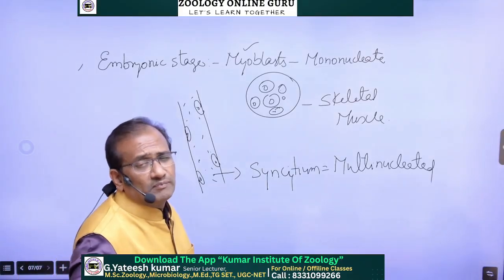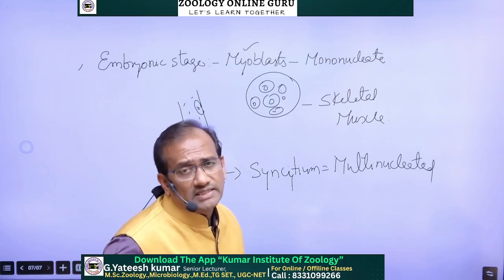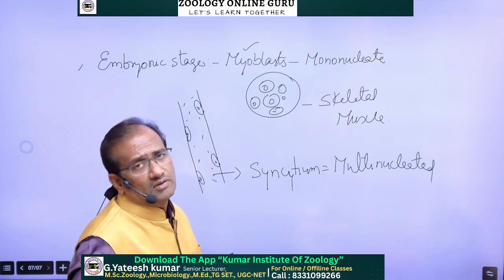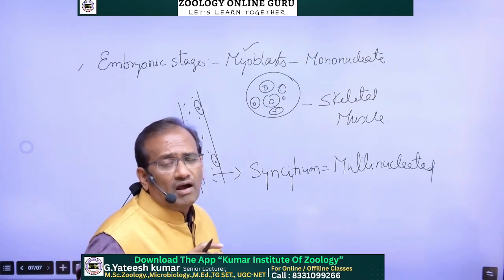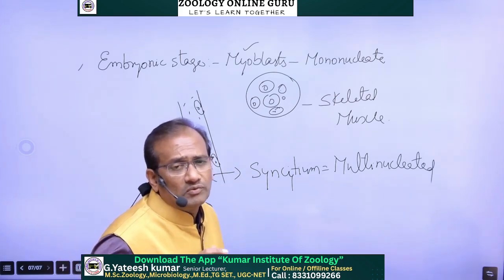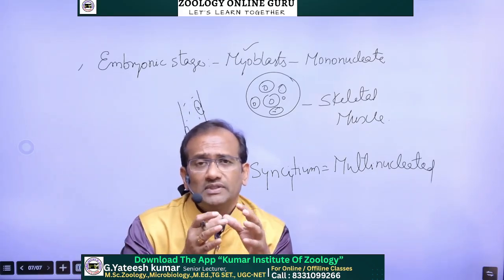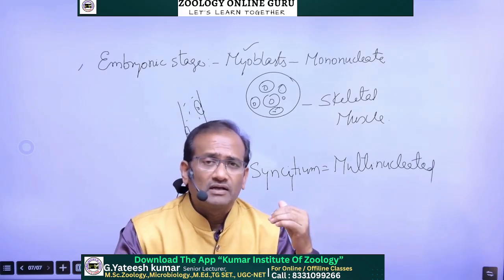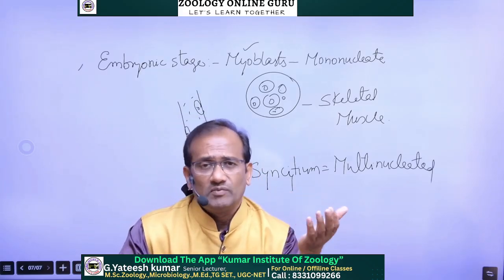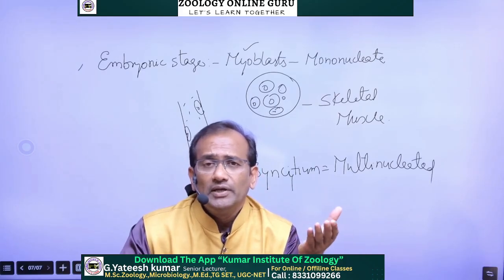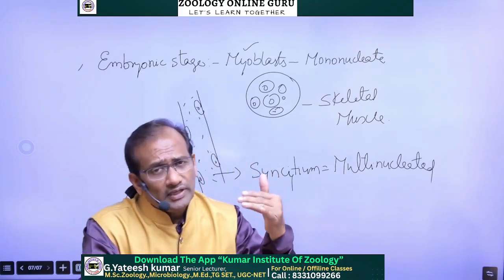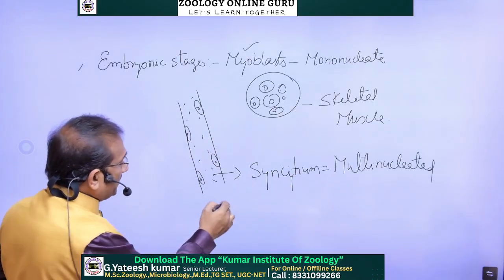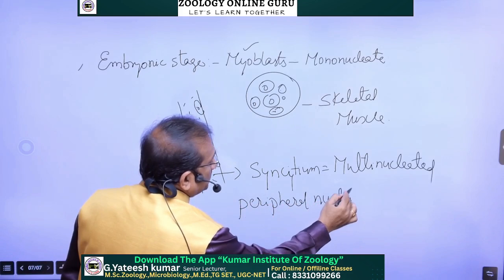Muscle fibers are multinucleated because in the embryonic stage the mononucleated myoblast cells collectively form a muscle fiber. That is why the skeletal muscle fiber exhibits the syncytium condition. Syncytium means a multinucleated state is present, and the nucleus is not in the middle, it is peripheral.